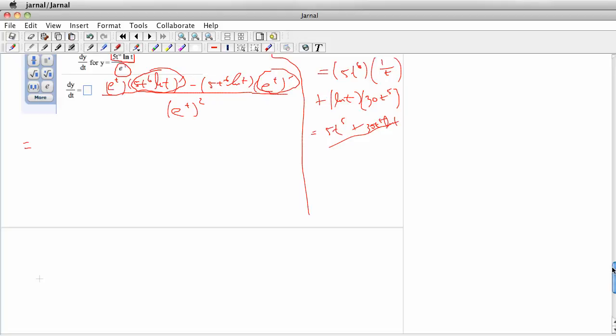So in my derivative, this one is pretty complicated, but we didn't have more complicated rules. We just had to use our rules more than one time.